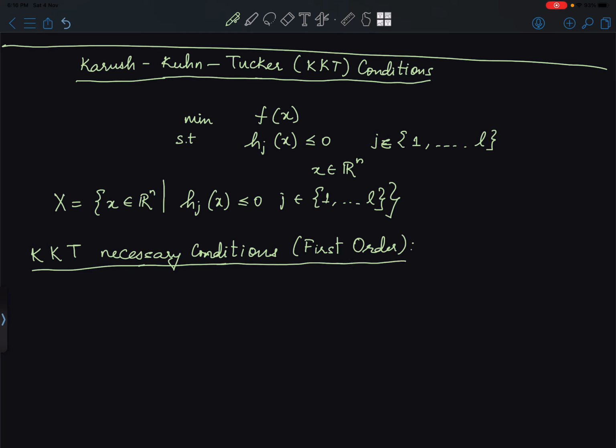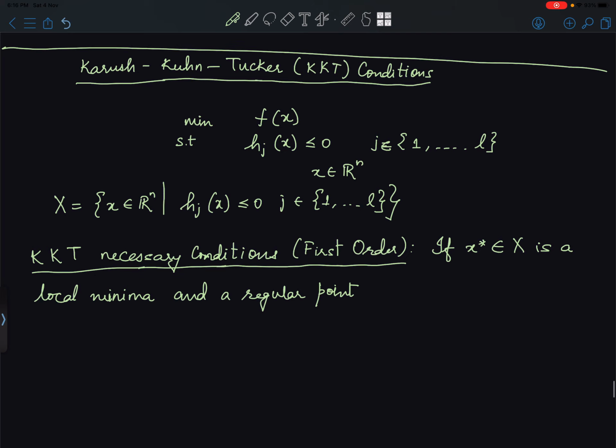So it states that if x star belongs to the constraint set, is a local minima and a regular point. A regular point, as I told above, is a point where all the gradient vectors are linearly independent.